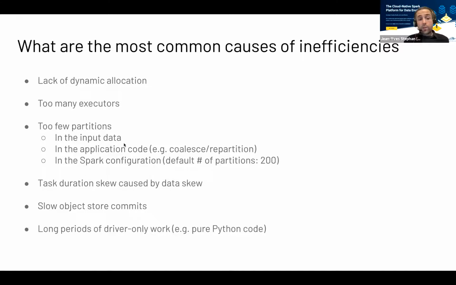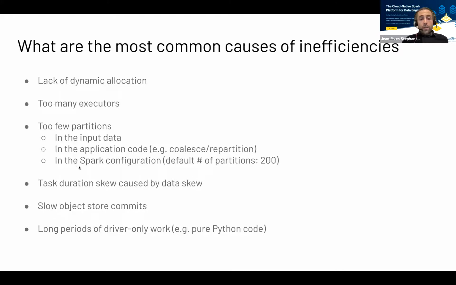It can come from the input data, and this really depends on how the data is laid out on S3 or on the object store. It can be something that you put in the application code, and sometimes people don't realize it, but they have a hard-coded number somewhere in their code, like a coalesce or repartition, with a small number of partitions.